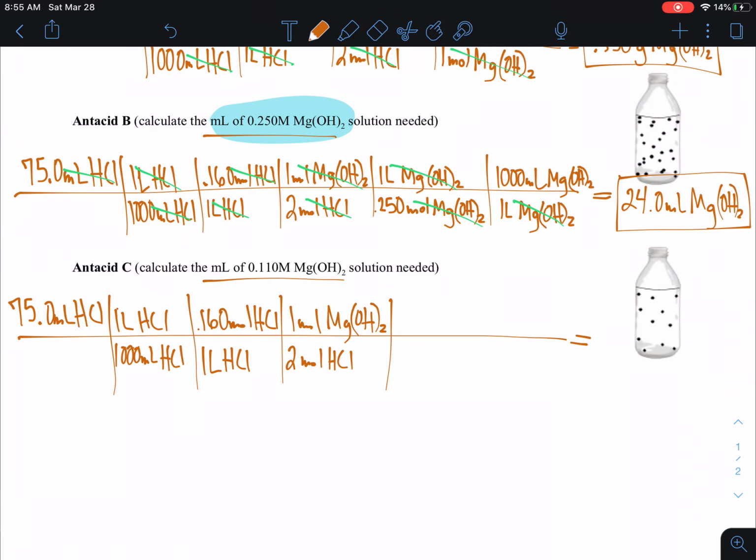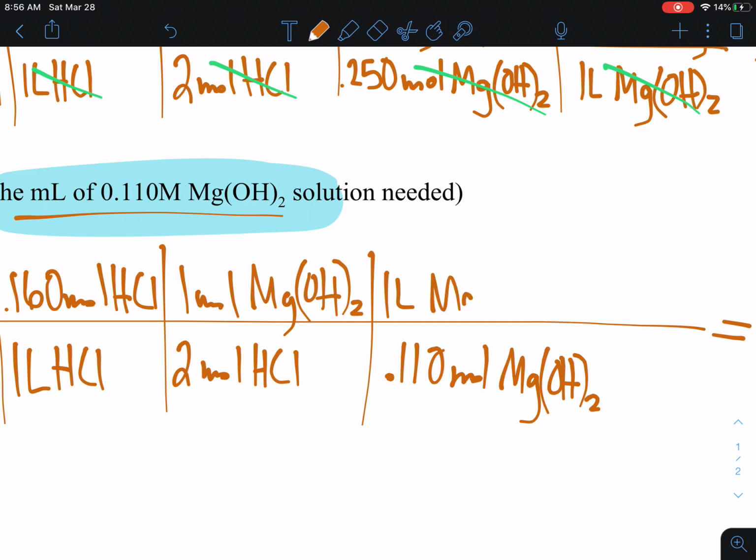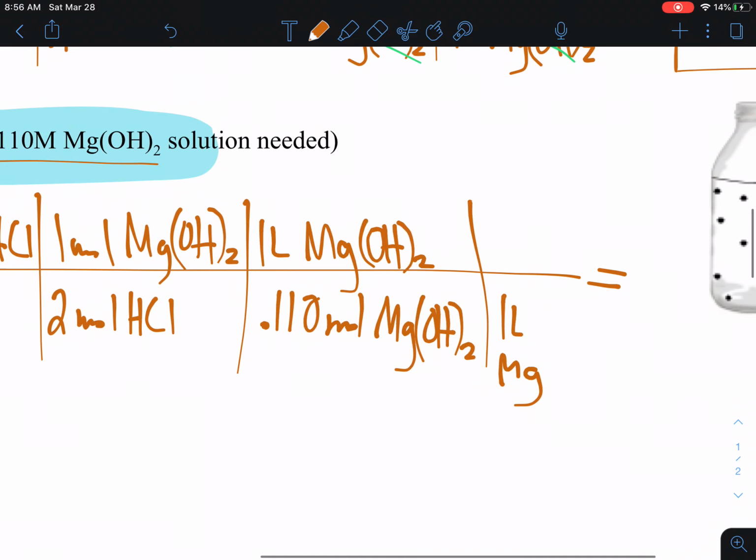And now this time we're going to use the concentration of the magnesium hydroxide, but in this problem it's a weaker or less concentrated, lower molarity solution. 0.110 moles per liter. And then for every liter, running out of room, for every liter there's 1,000 milliliters.